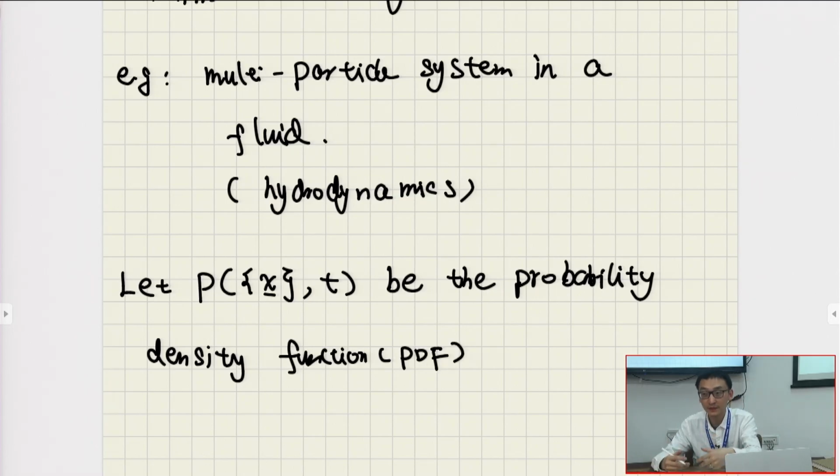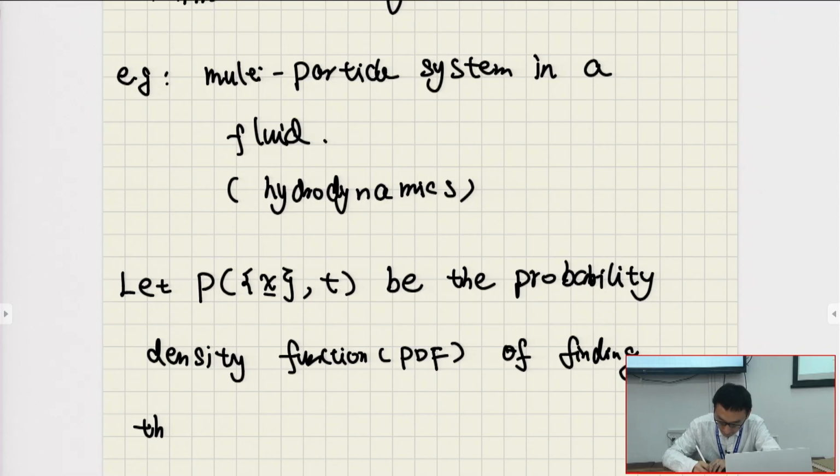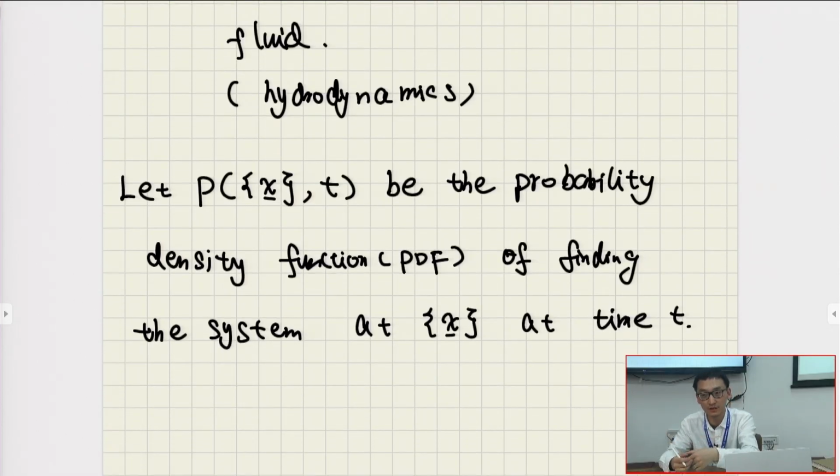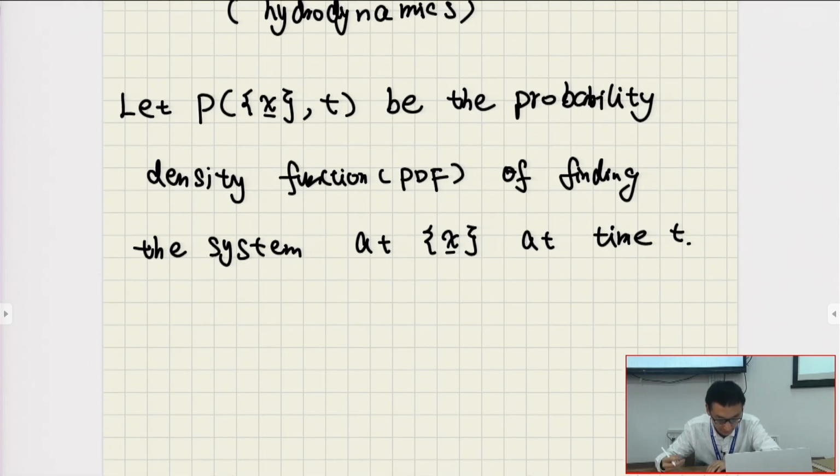That's the probability density function of finding the system at a configuration X at a given time t, right? At a particular configuration at time t. Okay, that's just a direct generalization of the one particle density function to an n particle or n coordinate system.